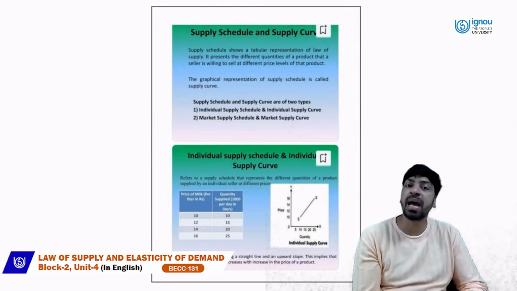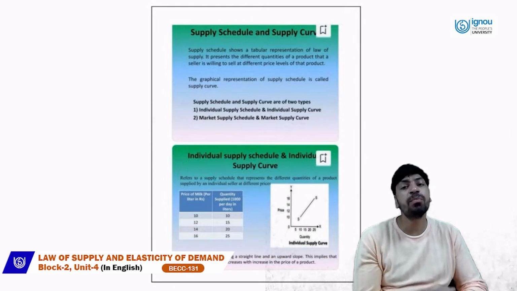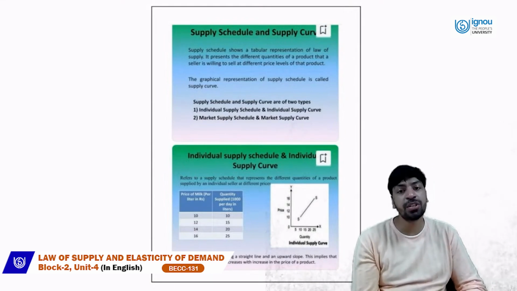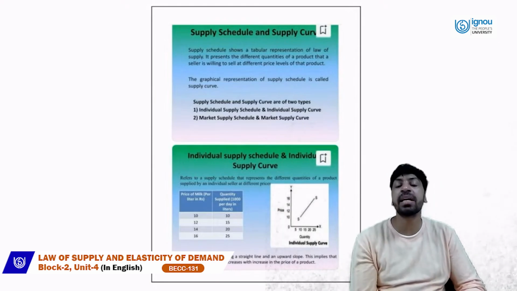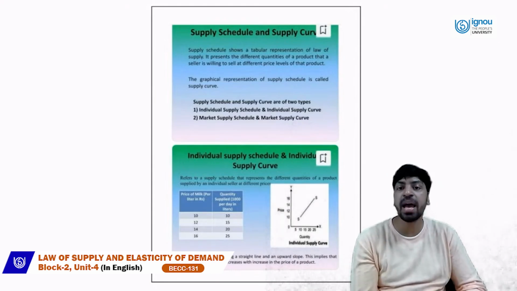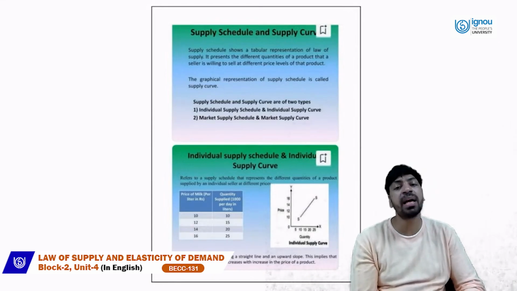That's called the supply schedule. There are two main types of supply schedule and supply curve: the individual supply schedule and individual supply curve, and the market supply schedule and market supply curve.